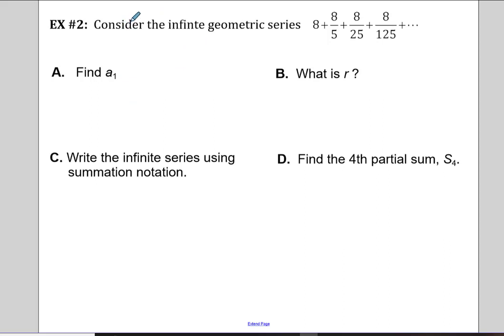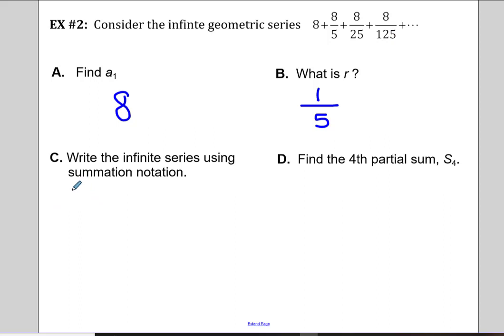Again, it's review. We want to consider the infinite geometric series. The first term, a sub 1, is 8, and the ratio looks like it's 1/5, because this is 8 over 5 to the 0, 8 over 5 to the 1, 8 over 5 squared, 5 cubed, and so forth.